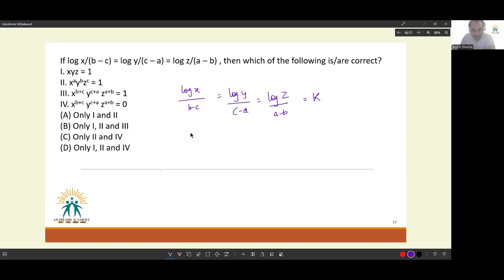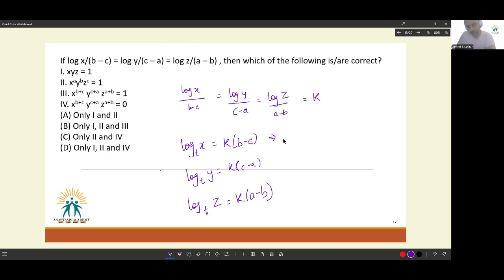So log x is equal to k times of b minus c, and log y is equal to k times of c minus a, and log z is equal to k times of a minus b. But this is not the end. We take another variable t here to the base t, everywhere to the base t.